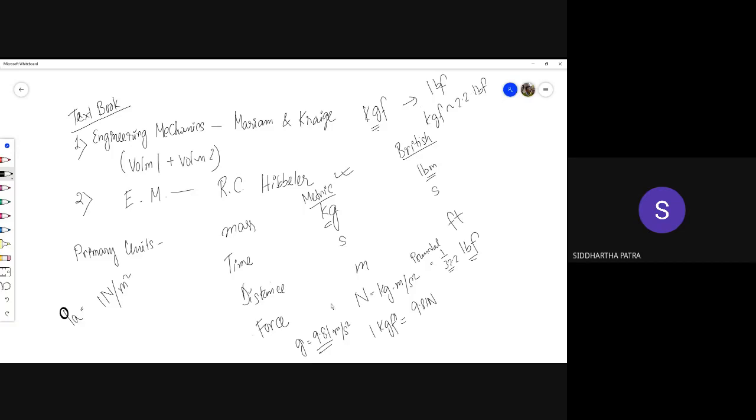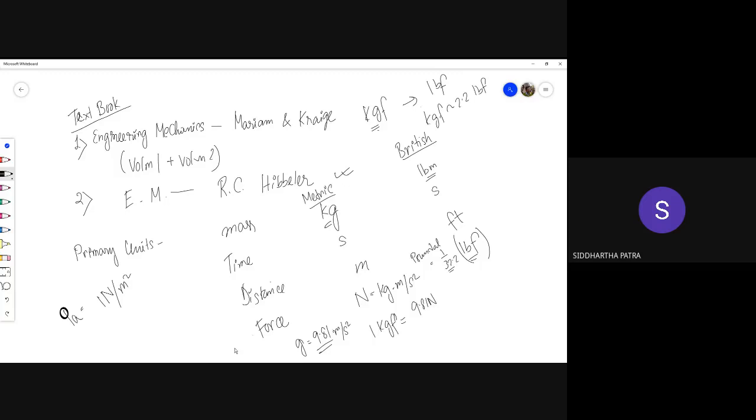Now, unlike the metric system, in the British system lbf is used exclusively. In the metric system, a few times kgf would be used, but Newton or kilonewton finds way more applicability. Whereas in the British system, lbf is exclusively used, and that can at times be a little challenging.